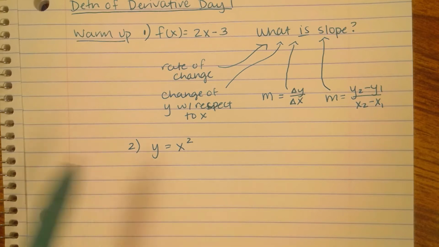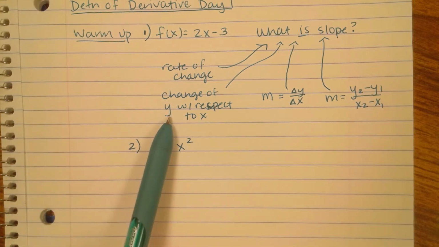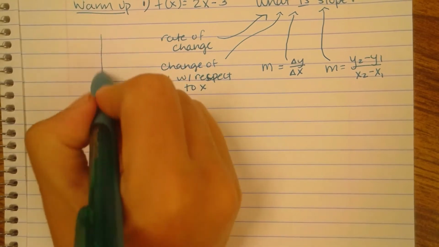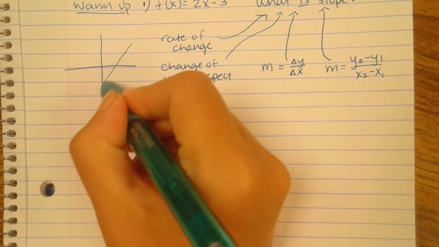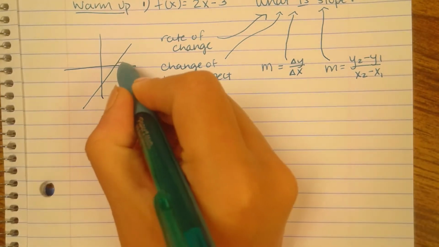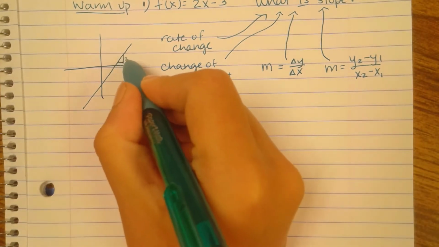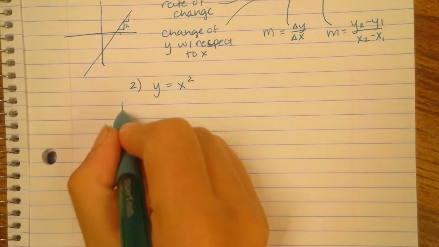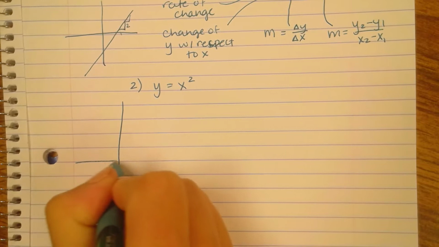It's not something that has this change of y with respect to x as a constant, say 2 or 5 or negative 5. This function changes. We can see obviously in the function above that it's a constant change because every unit x that we go over, we go up the same amount of spaces. But of course in a curve like x squared, that's not the case.